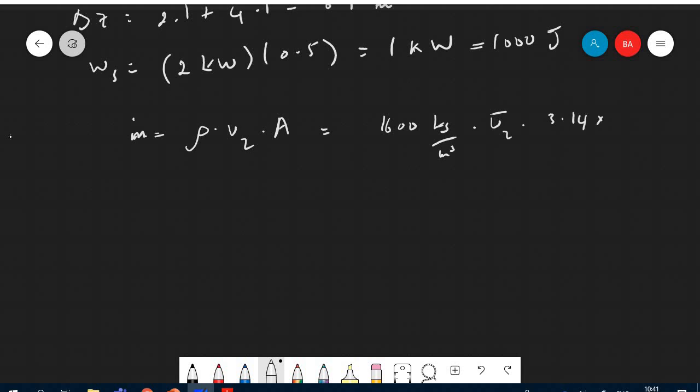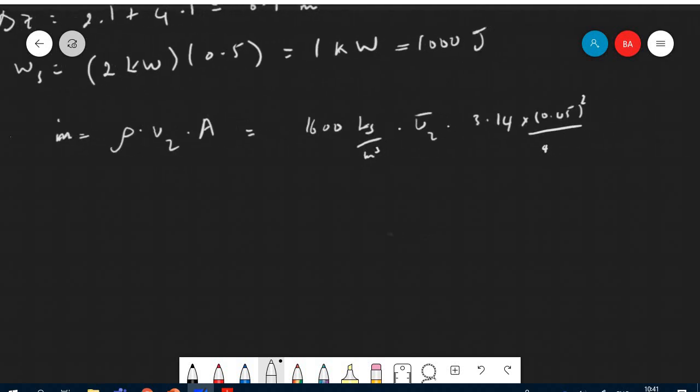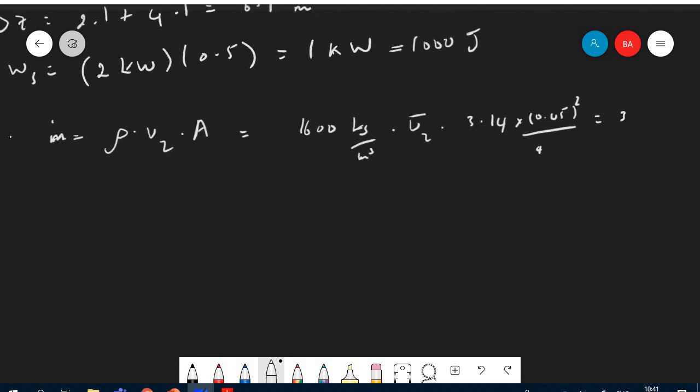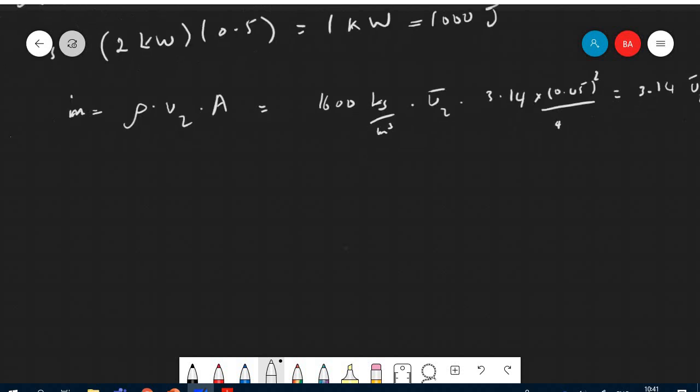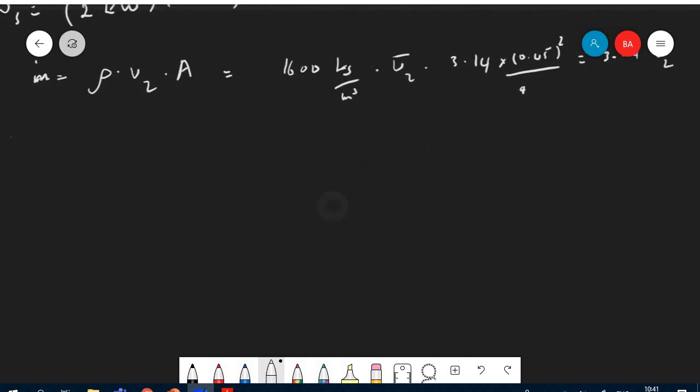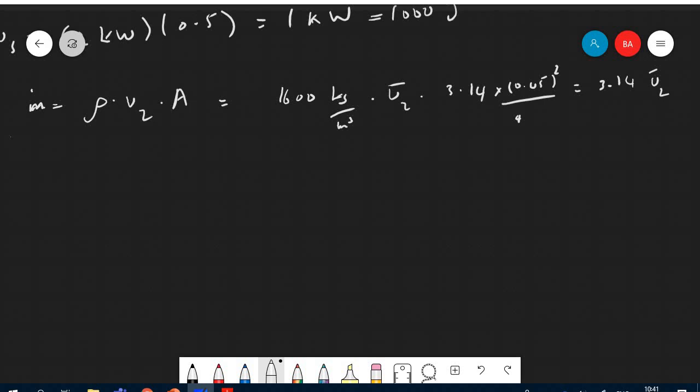So pi d square, we already have this information, divided by 4, and that will be about 3.14 u2. So it is a function of the velocity here. What else? Let's look at f now.